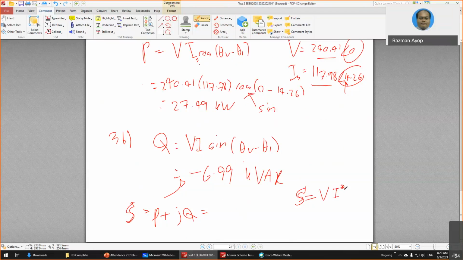So you can also use this, you get the same answer, but it is easy because you already calculate P and Q. So just insert the value, 27.49 minus J 6.99 kVA. Don't forget J for Q. So this is how you answer the question 3C.